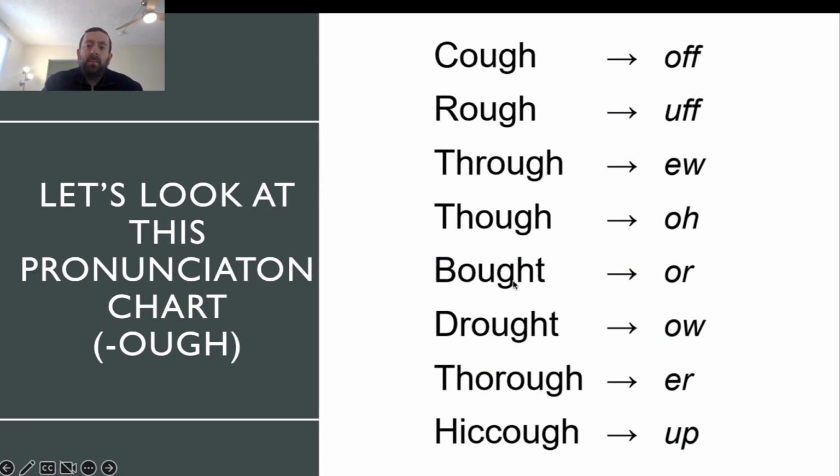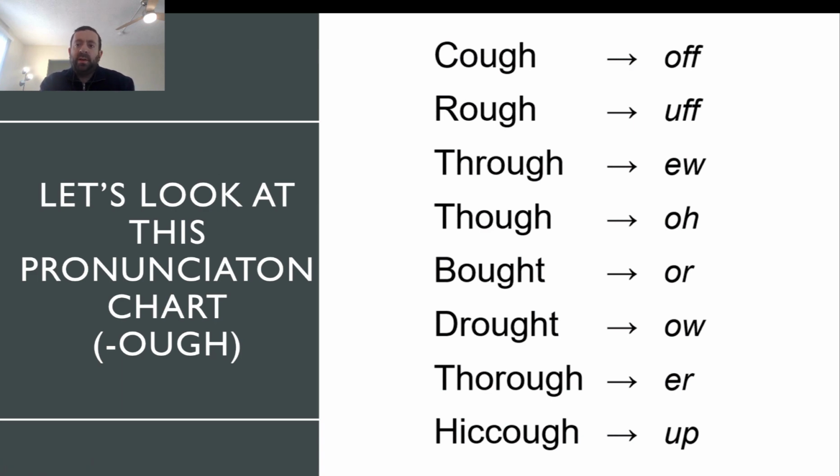Bought is or, kind of the same sound. Drought has the ow in there. Thorough, like the ER is in there. And hiccup is like up at the end, kind of like a light up sound.